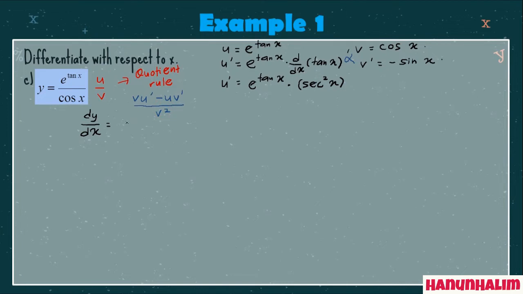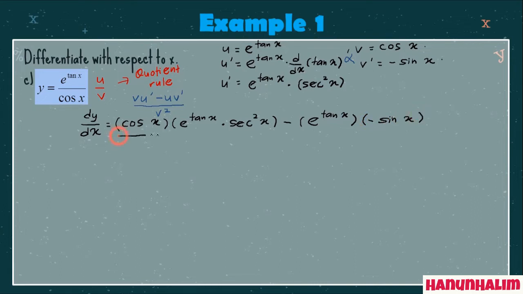Our v is cos x multiply with u prime, e tangent x multiply with secant squared x, minus u, e tangent x, multiply with v prime, negative sin x.